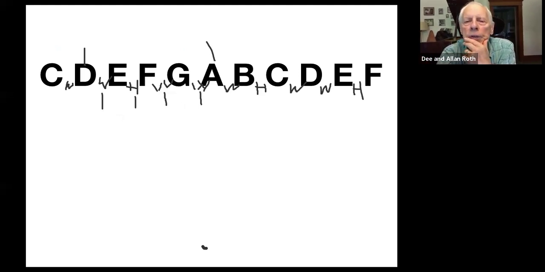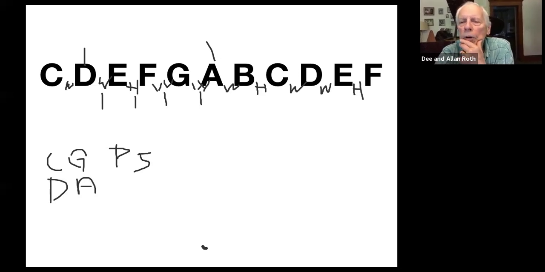So between C and G, we had a perfect fifth, P5. Between D and A, we have a perfect fifth. Here's C and G. Here's D and A. That sounds like Twinkle, Twinkle, Little Star.